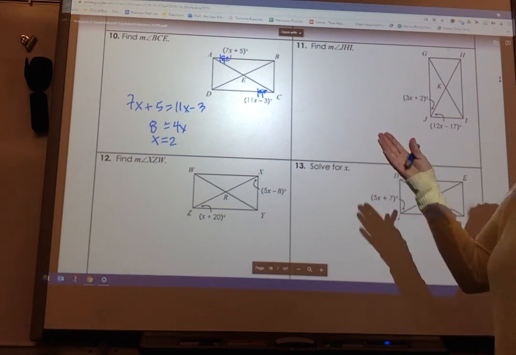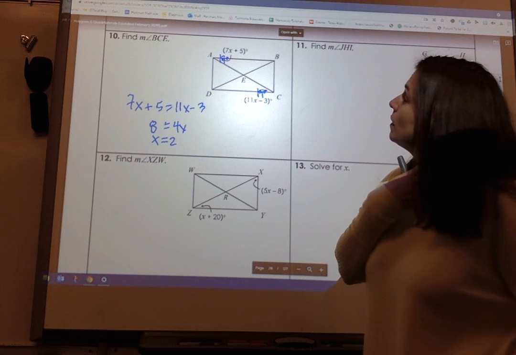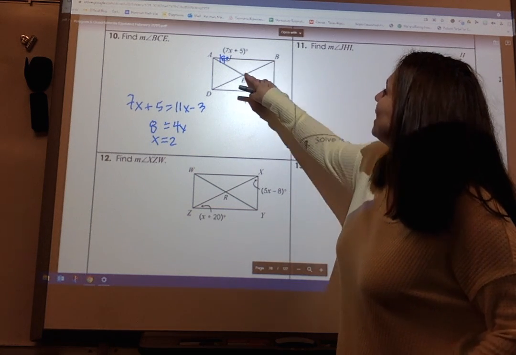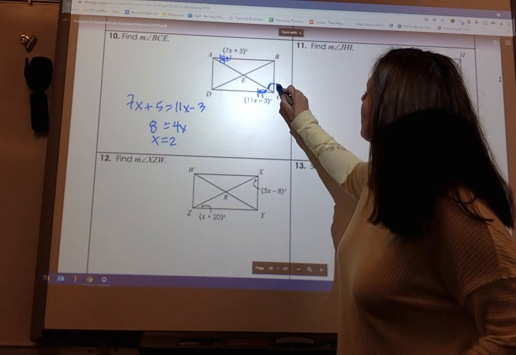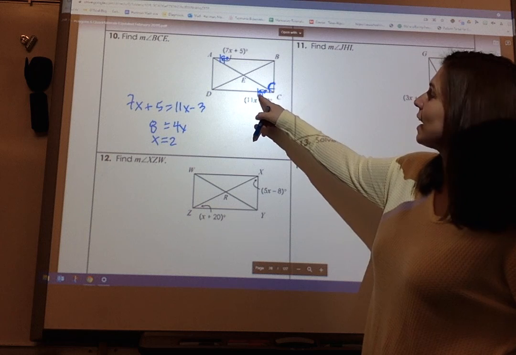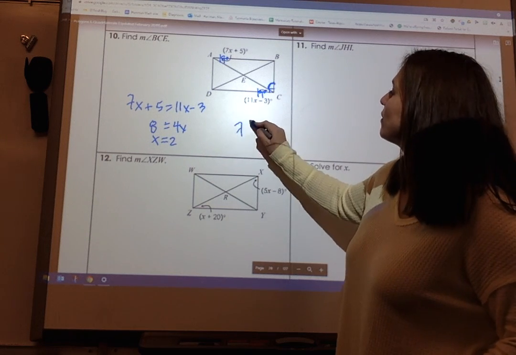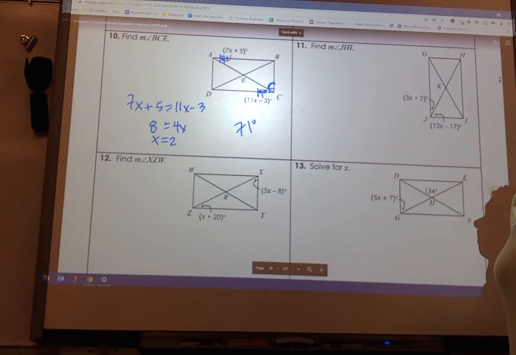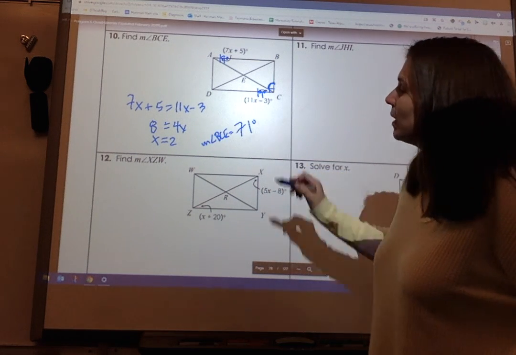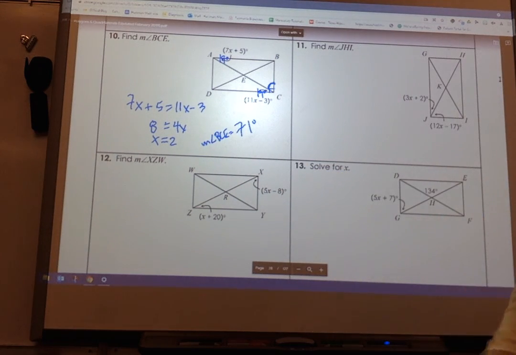But also, remember, they are congruent. So if I'm looking for angle BCE, I'm looking for this measurement right here. Well, I know rectangles have 90 degrees, so if this is 19, this one has to be 71 degrees. So the measurement of angle BCE is going to be equal to 71 degrees.